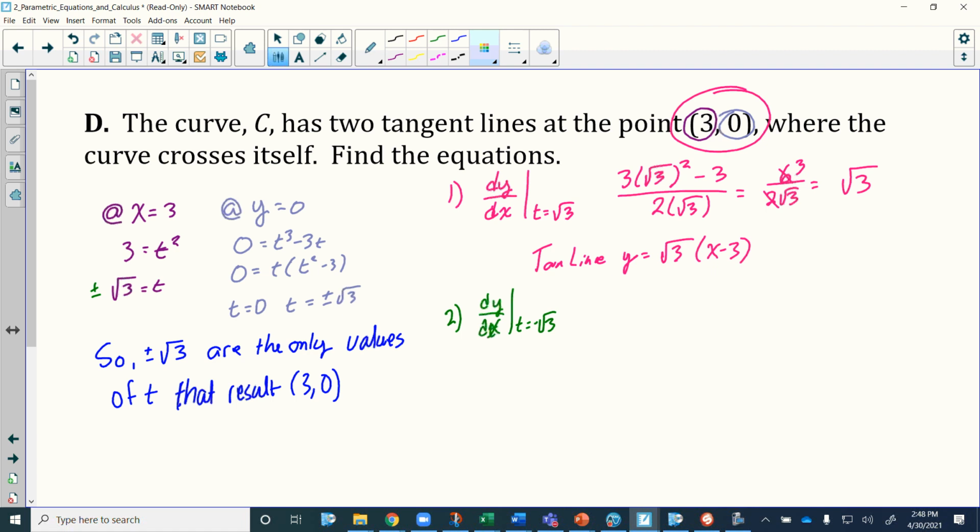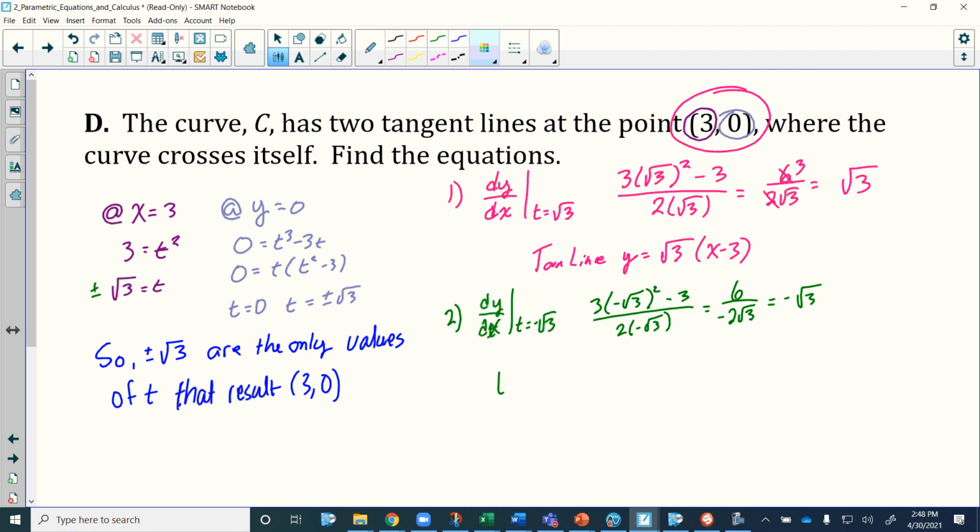And when I do that, I'm going to get 3 times negative radical 3 squared minus 3 over 2 times negative radical 3. And negative radical 3 squared is still a positive 3. 3 times 3 is 9. 9 minus 3 still gives me a 6 in the top. And I wind up with negative 2 radical 3 in the bottom. So this is going to simplify to be negative radical 3.